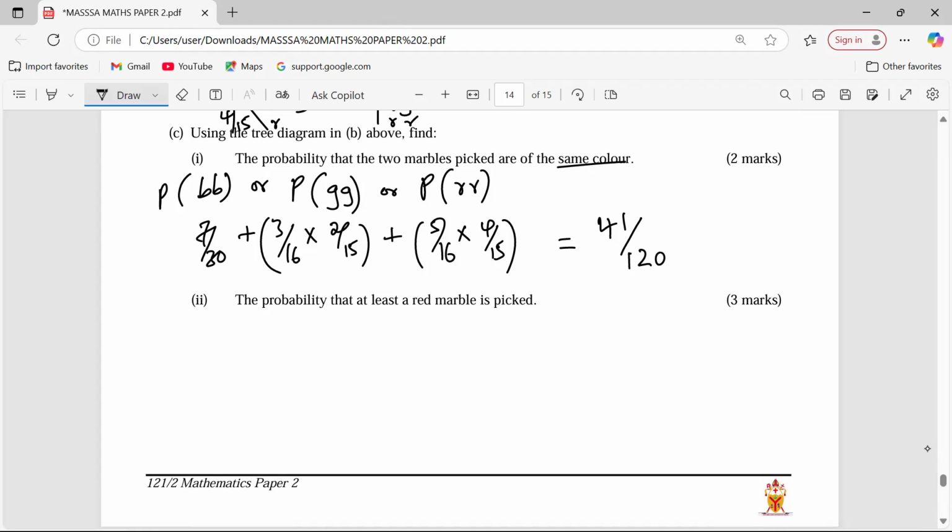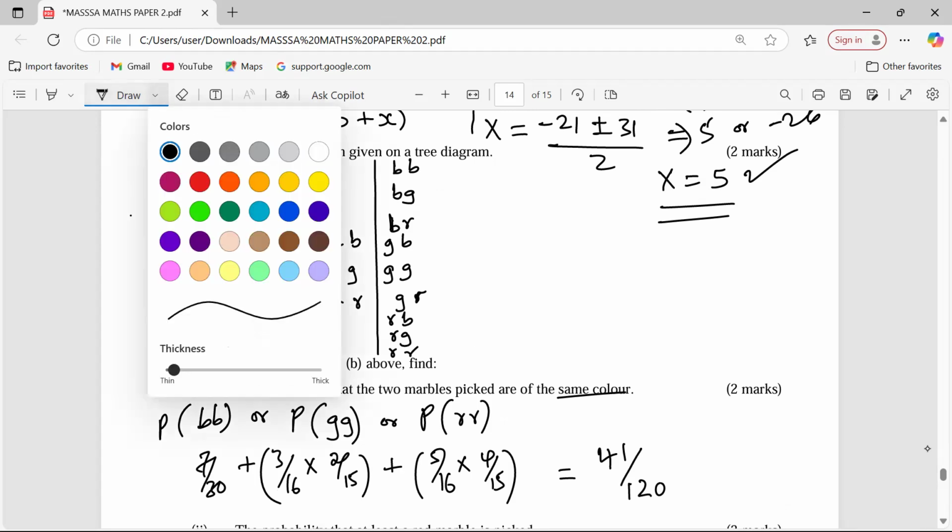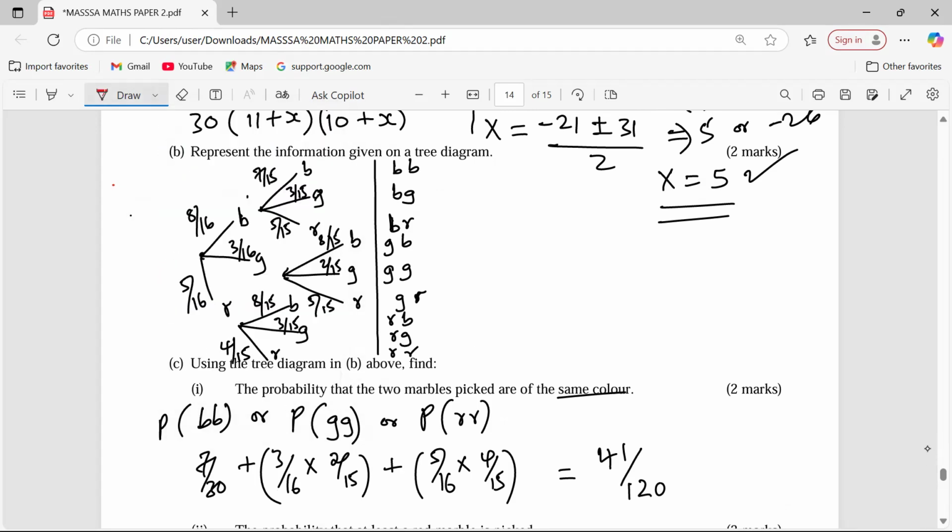We just need the probability of the cases where at least a red is appearing. As long as you see a red, pick. So this one, you see a red, pick one. This one, or this one. As long as there is a red appearing.